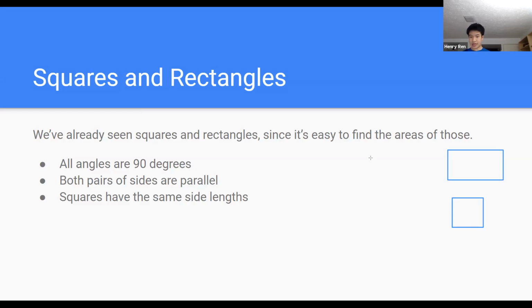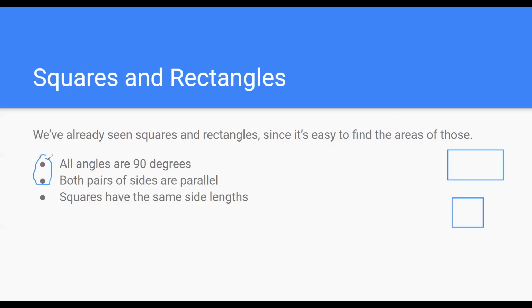I'm going to ask you a question. Are all squares rectangles? Yes. I'm not going to ask you to explain.